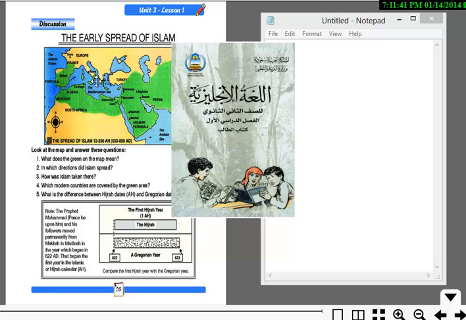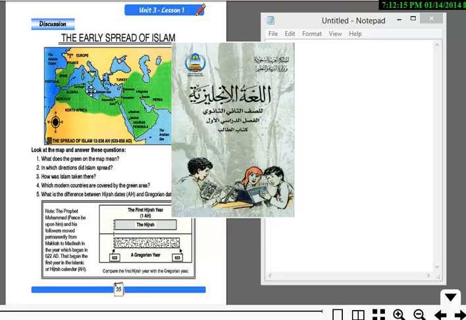There are some parts of Italy, and there's Morocco, Algeria, Tunisia. I'm not so sure if this map is completely correct, because there are some parts of southern France. It's supposed to tell you where Islam has reached, what kind of borders in terms of geolocation definition. Look at the map here, and let's try to answer these questions.